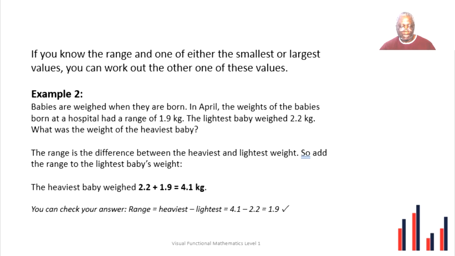So, add the range to the lightest baby's weight. The heaviest baby weighed 2.2 kilograms plus 1.9 kilograms, which is 4.1 kilograms. You can check your answer. Range is equal to heaviest minus lightest, which is equal to 4.1 minus 2.2, which is equal to 1.9 kilograms.